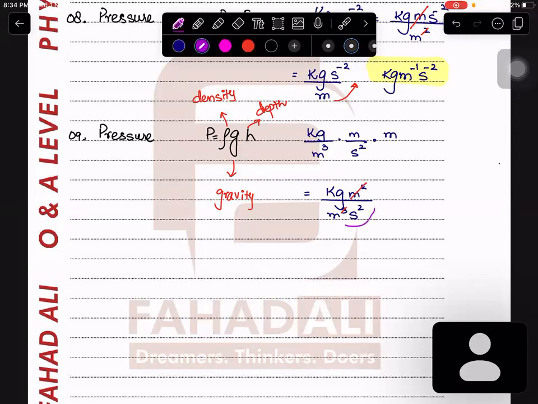Now when you take this whole factor upward, this will become kg m minus 1 s minus 2. So the second thing which you need to remember: if you have multiple formulas of the same physical quantity, you will end up getting the same units. Is this clear, Aiza and Musaf?